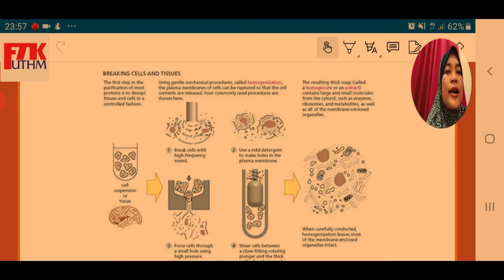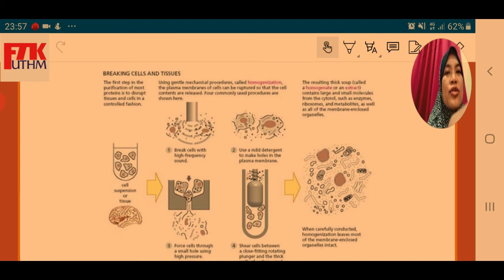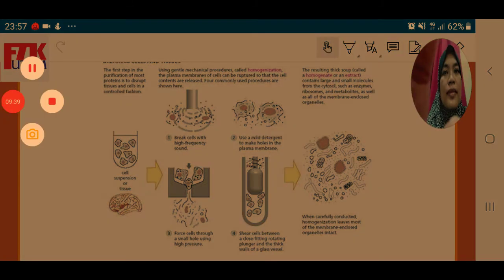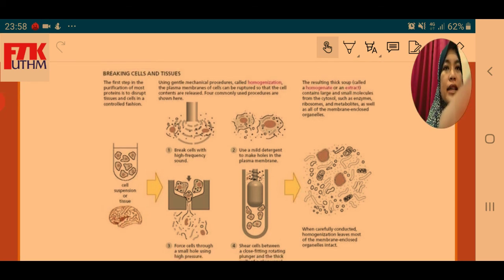So this is a figure that shows examples of the four commonly used procedures for breaking cells and tissues.